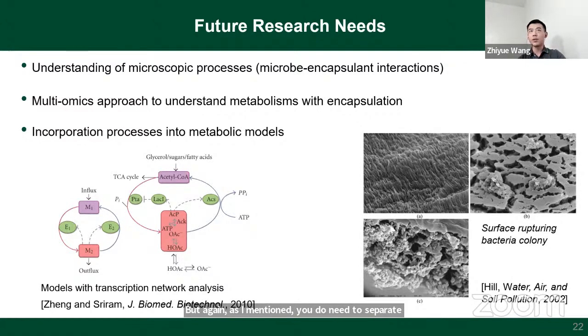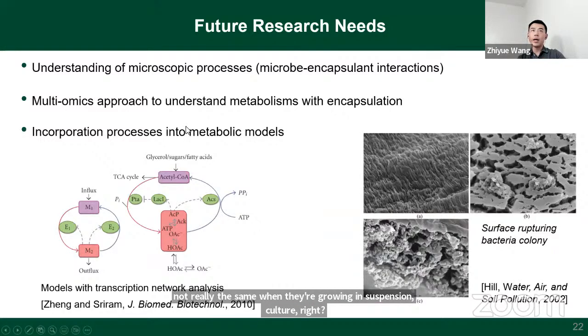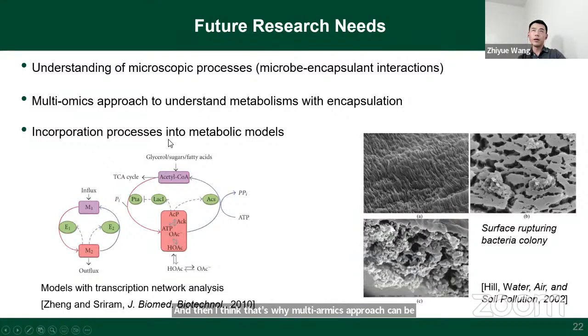That is the same within either biofilm system or encapsulated system, because when you have a gradient of diffusion, the activity you're measuring is not really the same as when they're growing in suspension culture, right? And then I think that's why a multi-omics approach can be helpful in understanding their metabolism when they're encapsulated.